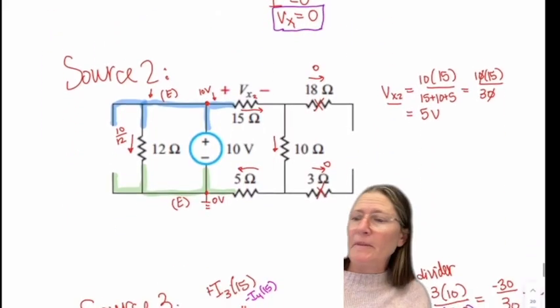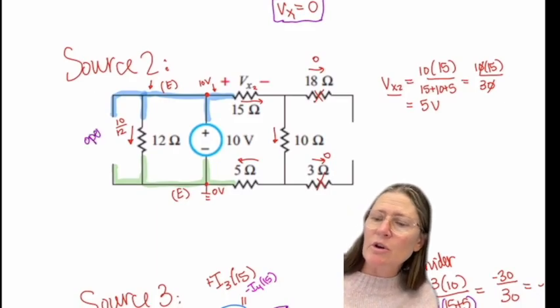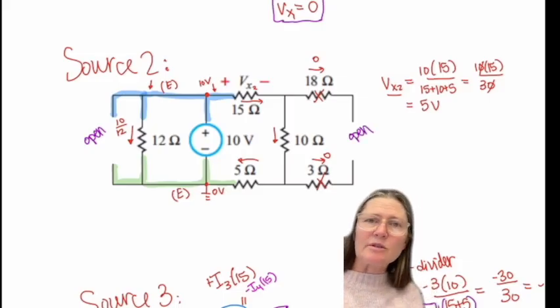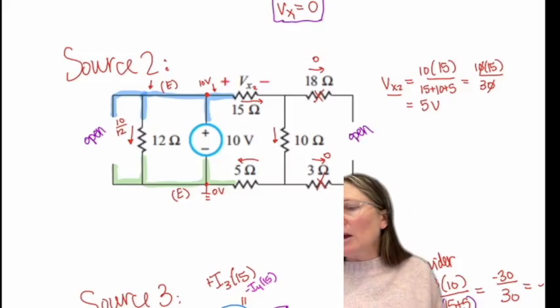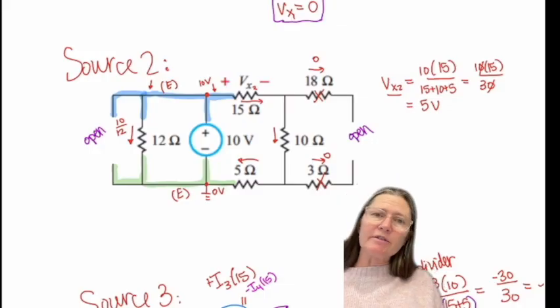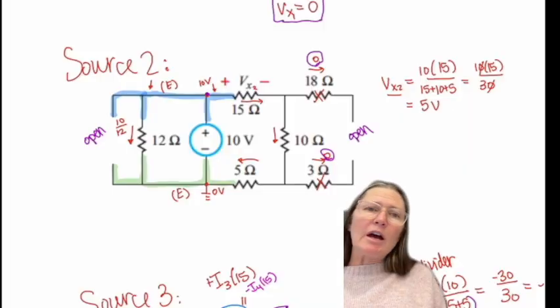Okay. And then if you have the 10 volt on and the other two, these two will be open as current sources. And so here they have 18 is floating, 3 is floating, so both of those have 0 current flowing through them. And I know the voltage at the top of this will be 10 volts.